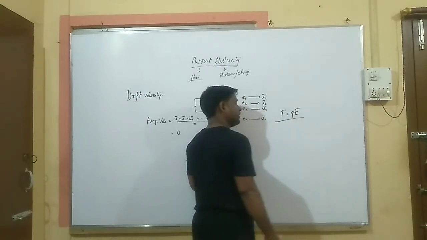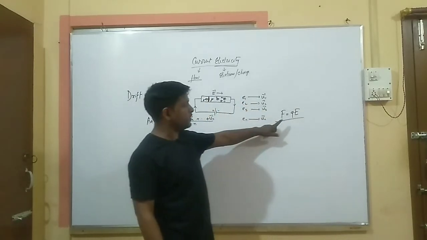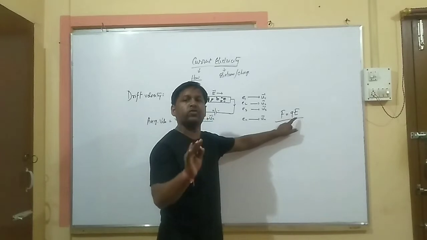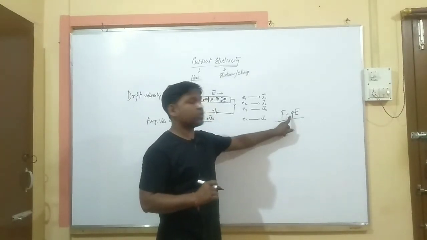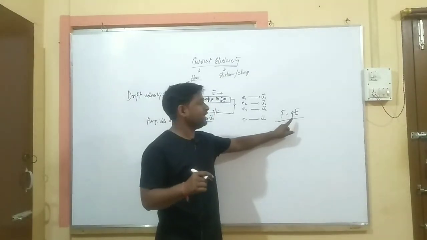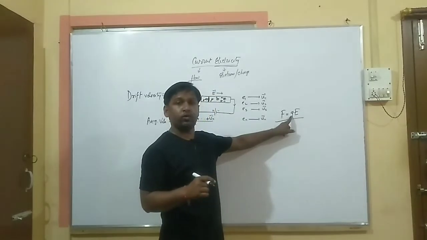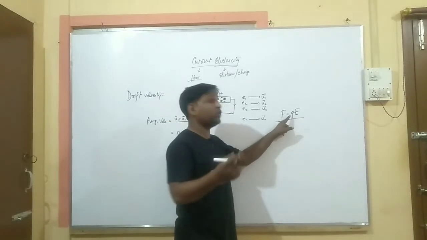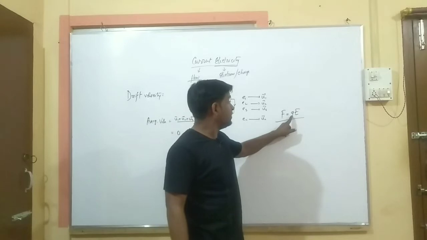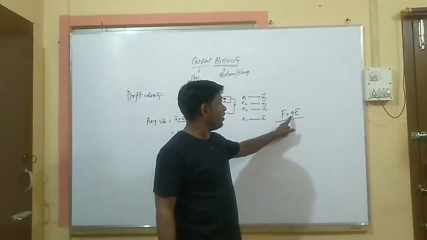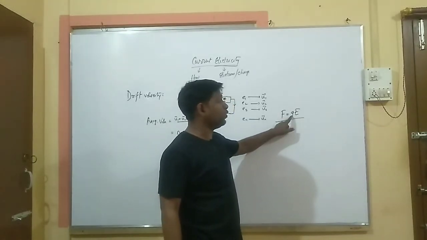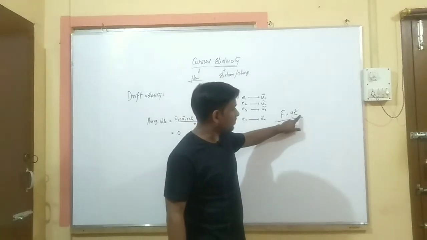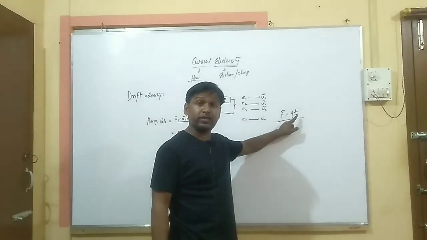What does this equation signify? It signifies that if there is a uniform electric field where a charge Q is placed, then this charge Q will experience a certain amount of force. And what will be the magnitude of force? The force will be equal to Q into electric field, magnitude of charge into electric field.